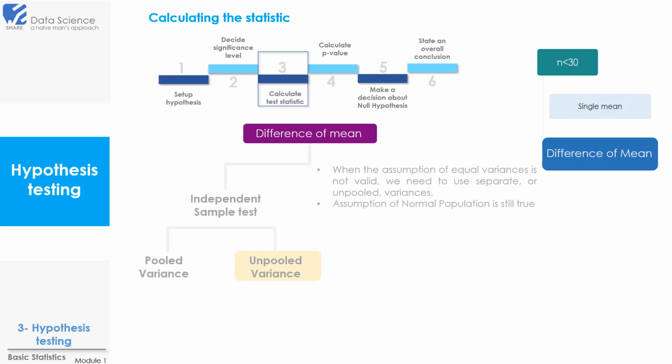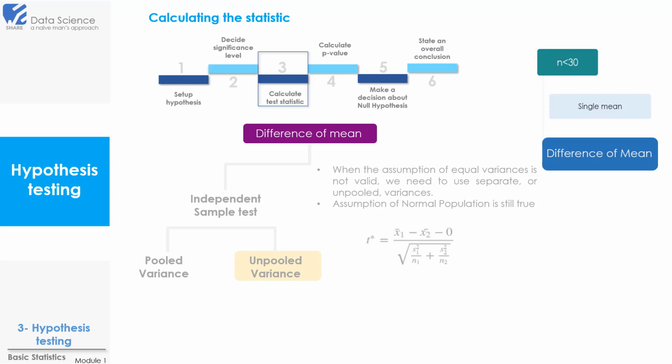Then we have the next case as unpooled variance. So when the assumption of equal variances is not valid, we need to use separate or unpooled variances. However, the second assumption of normal population is still true. Now the formula for calculating the T statistic is shown here.